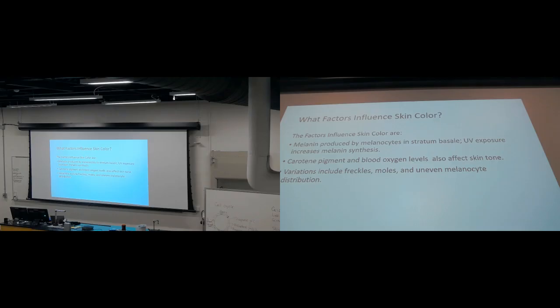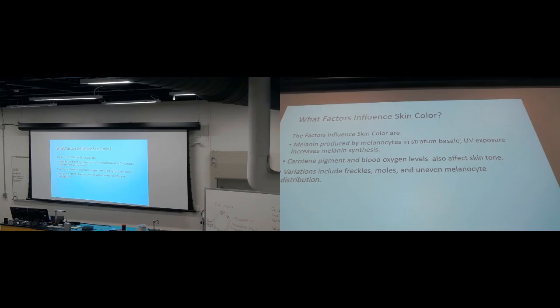And then if someone has an excess of blood, like if he's blushing, the person will have a reddish color. Inflammatory reactions in your skin, erythema, will look reddish. Certain infections can cause erythema.